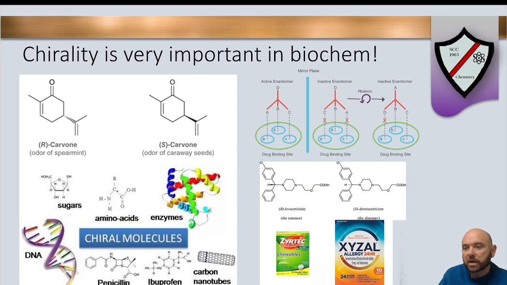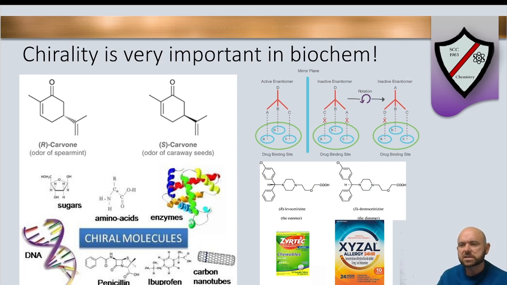Zyrtec has been an allergy medicine around for a really long time, maybe 20 years now, and it works really well, but it's always been sold as a racemic mixture of this particular molecule. A couple of years ago, a new drug, Xyzal, hit the market and really took off, with a lot of doctors talking about how good it was working.